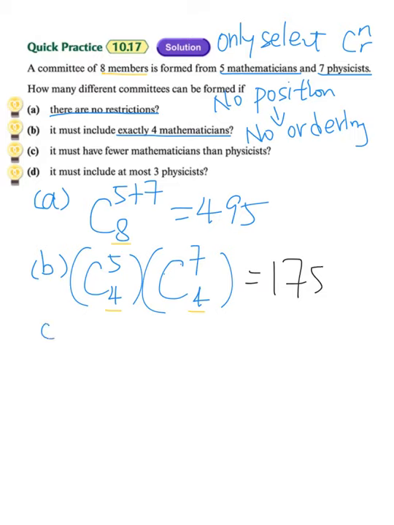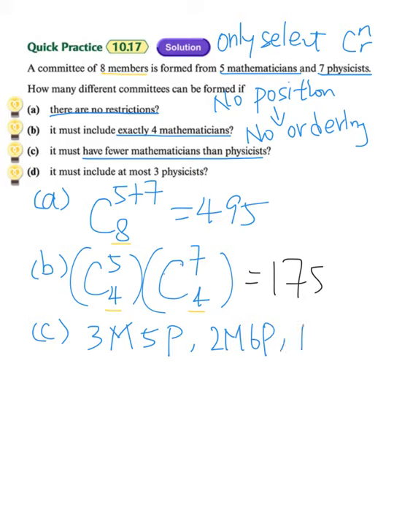Okay, so for part C, here we have multiple cases that we need to consider. It must have fewer mathematicians than physicists. So let me denote M as mathematicians and P as physicists. Fewer mathematicians means you can have 3M 5P, or 2M 6P, or 1M 7P.